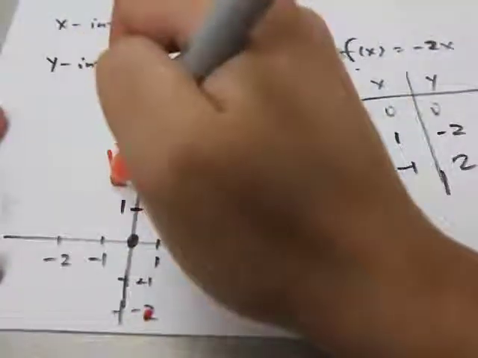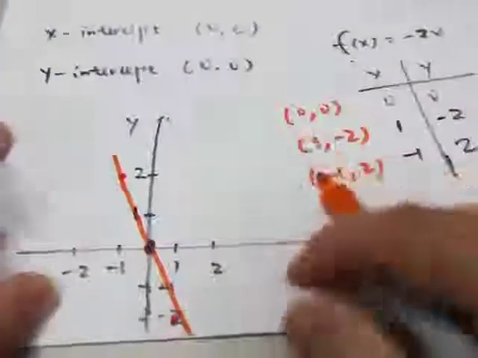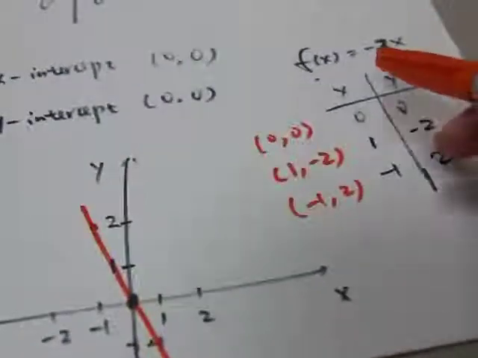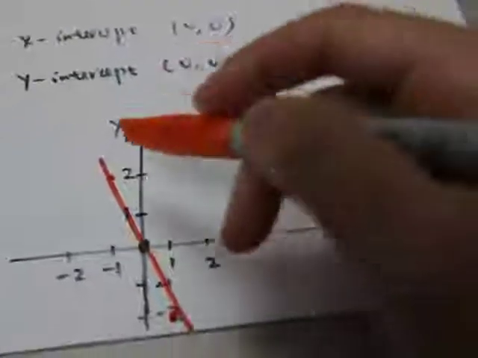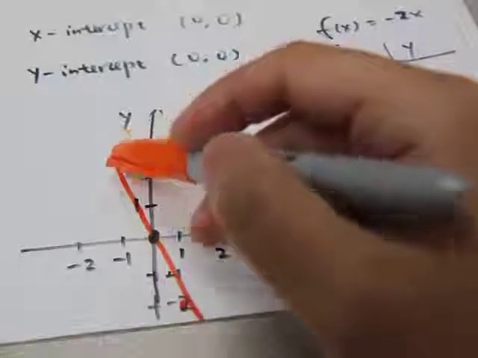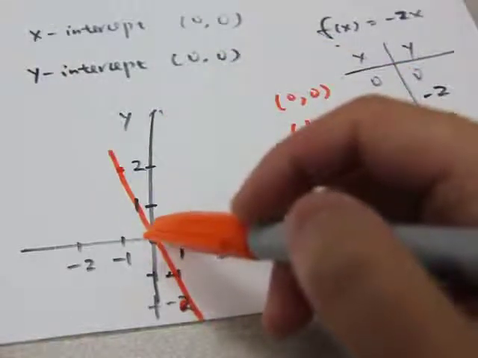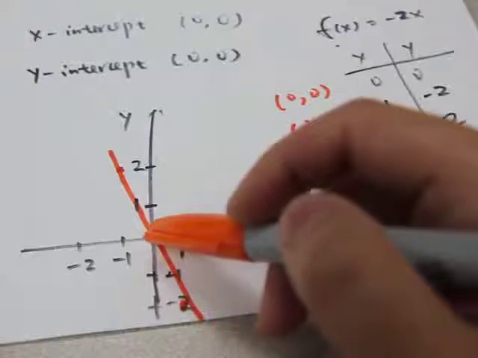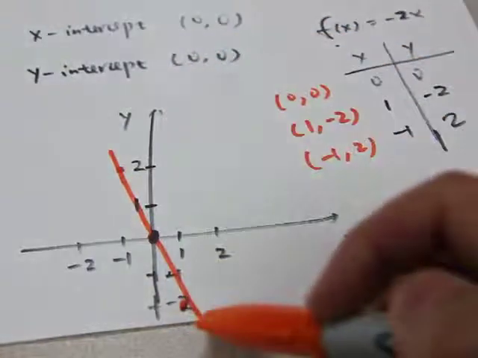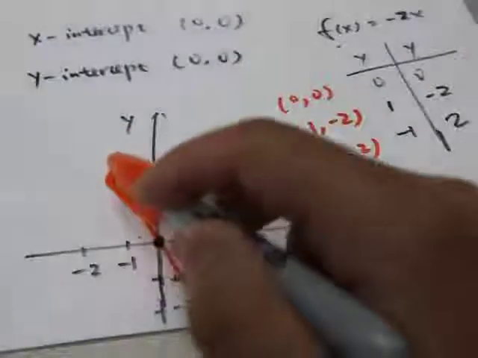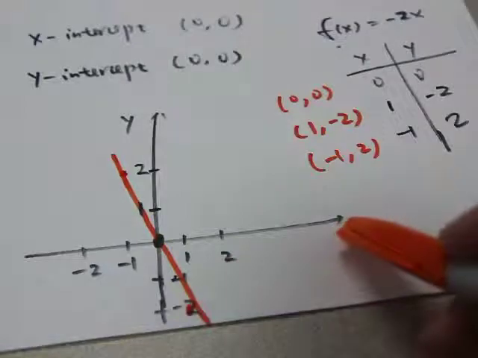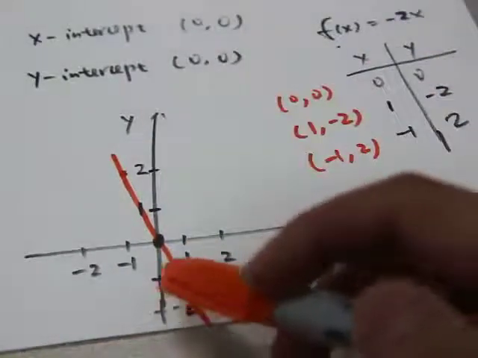So if I connect these 3 points, now you can see the graph of this function. It crosses the point (0, 0), which we call the origin. So the graph crosses the origin, and it doesn't intersect the x-axis or the y-axis anywhere else.